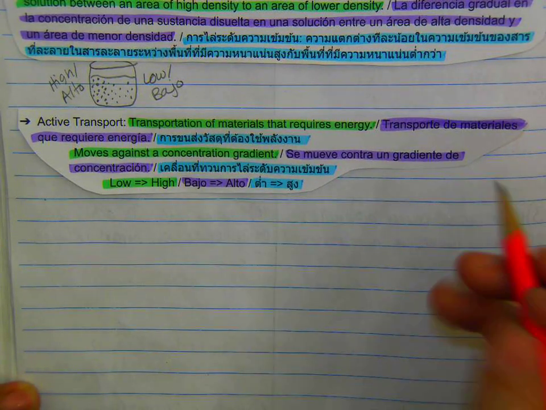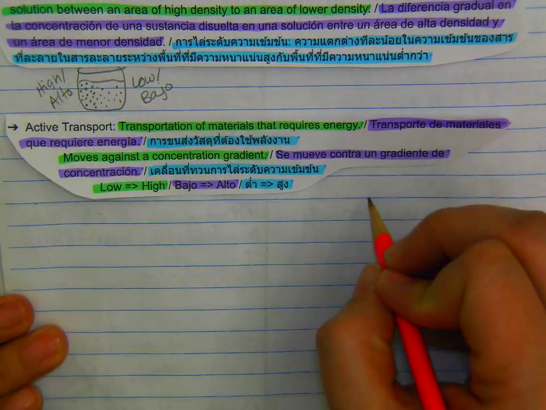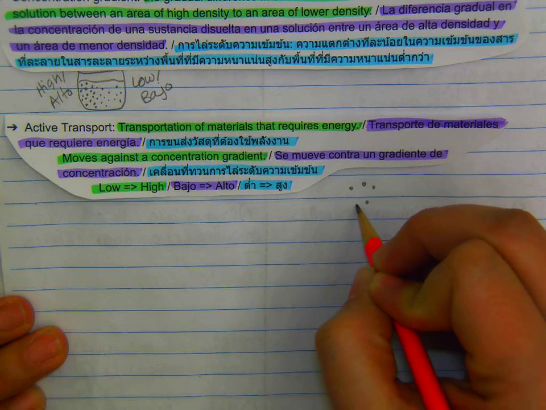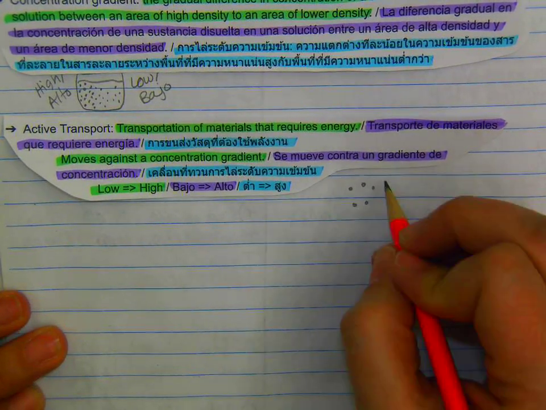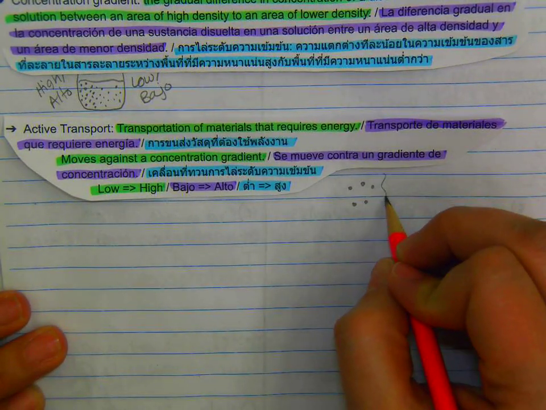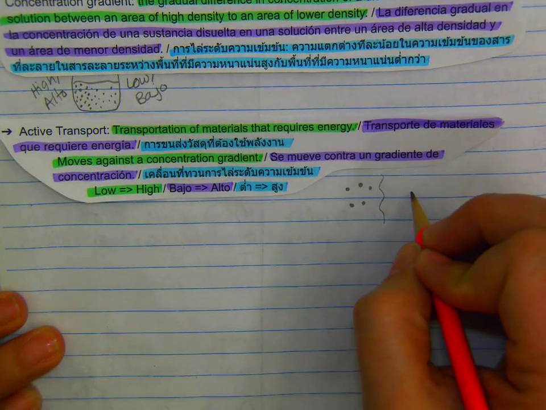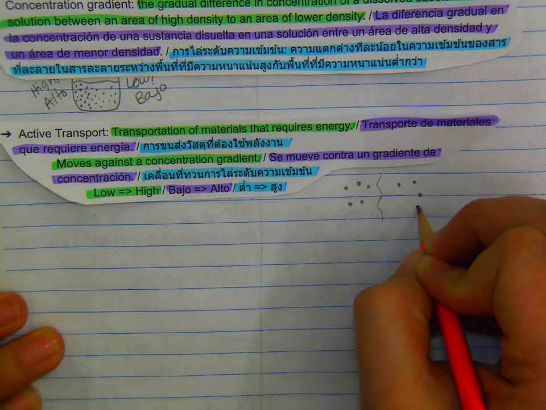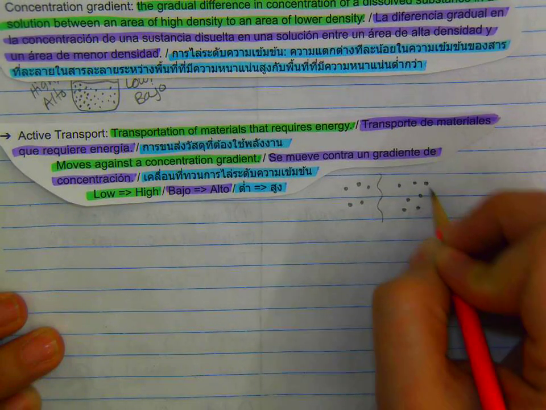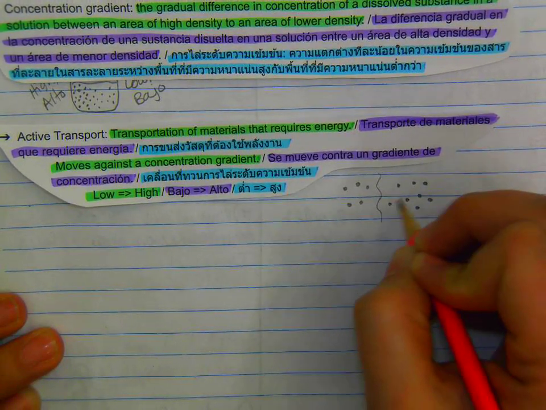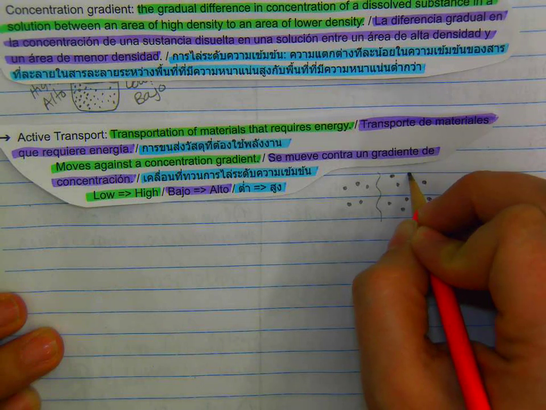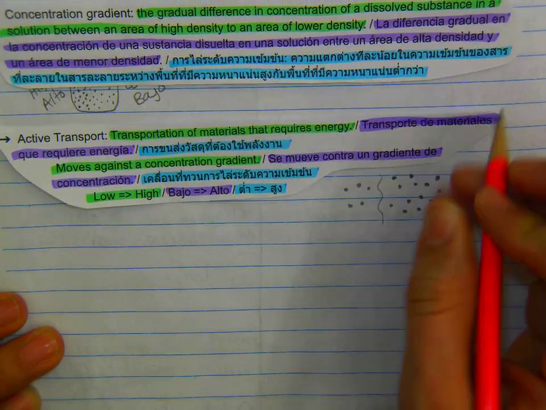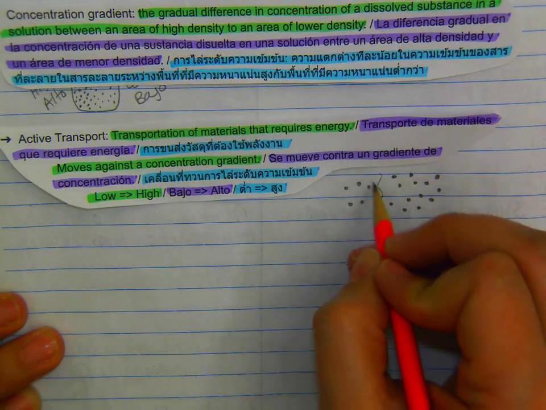So we could draw that with a few particles in a space. And let's draw a dividing squiggle. And then a lot more particle dots. And what active transport does is it uses energy to move these particles.